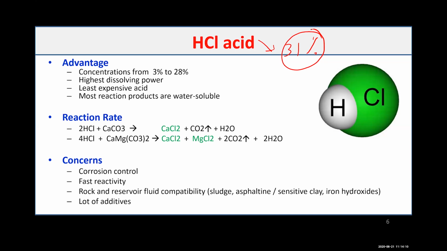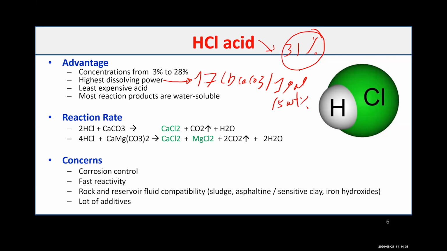A very good point about it is the dissolving power. HCl is a very good dissolver. It can dissolve a lot. We are talking about it can dissolve around 1.7 pounds of calcium carbonate for each 1 gallon of 15 weight percent.